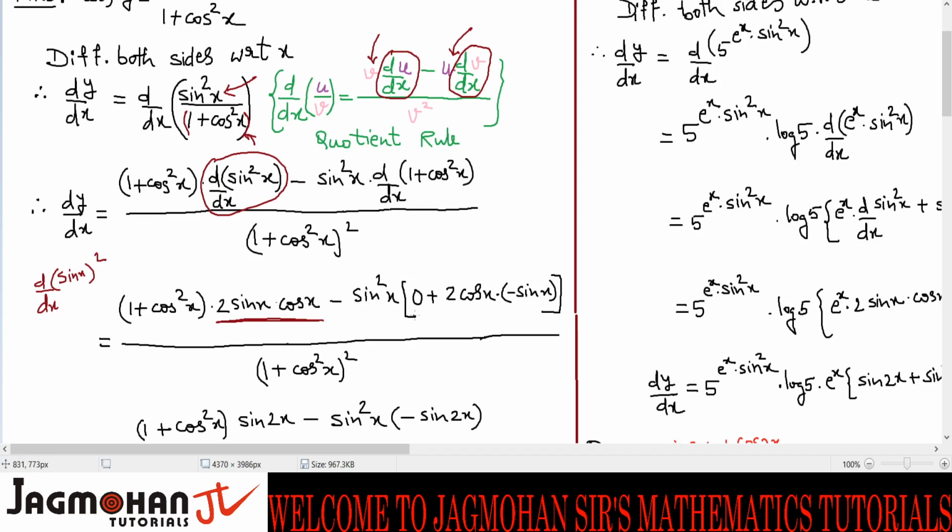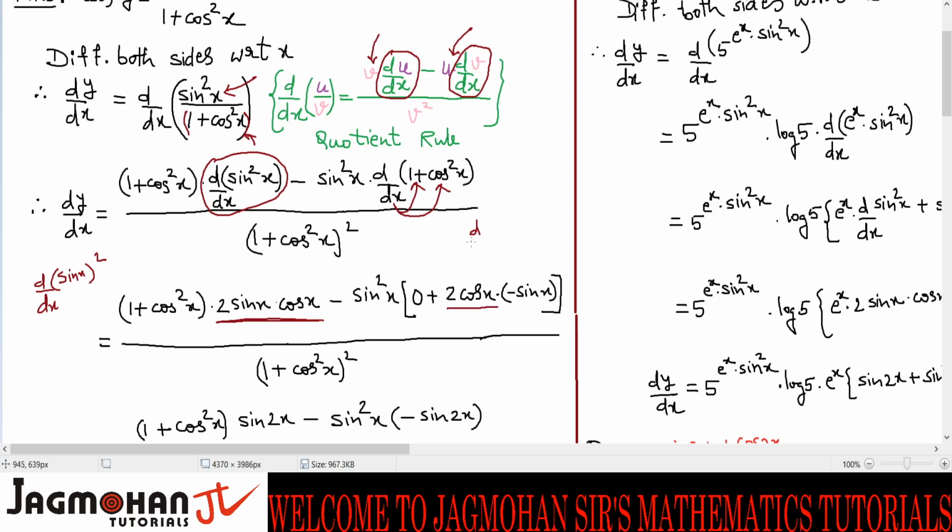Okay, now see, as we are progressing further, now these small steps we would be writing directly. If you remember in the last lecture when I had to solve such kind of thing, I wrote all the minute steps, but now we are taking these steps a bit faster. So this is derivative of 1 is 0 because 1 being a constant, then plus sign as it is, and then here you got d by dx of cos square x.